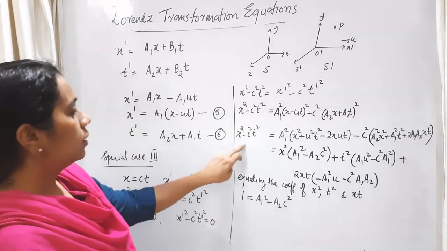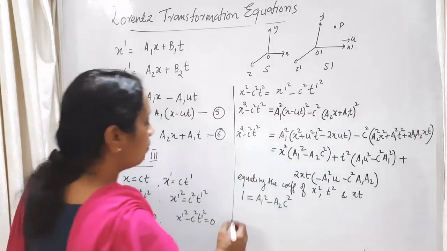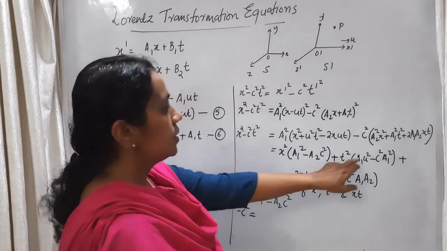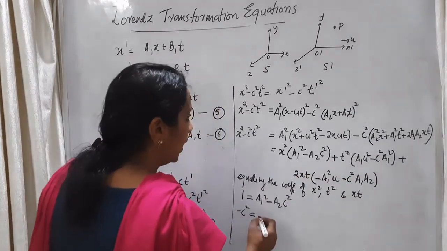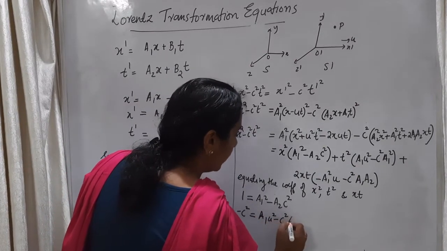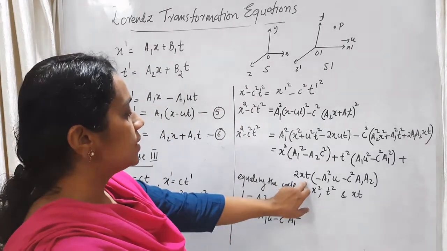Now what about the coefficient of t square? On the left hand side it is minus c square, on the right hand side it is a1 u square minus c square a1 square. And what about the 2xt term?